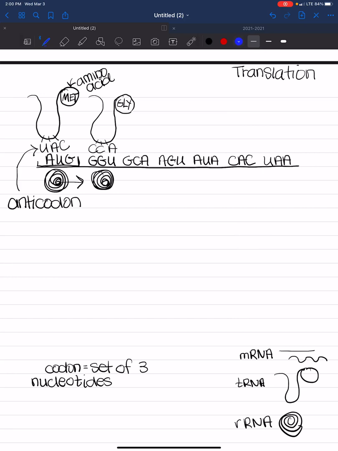So now we have 2 amino acids together, and something special is going to happen. Sorry, you guys can't erase, but I can. A bond is going to form between the 2 amino acids, and this bond is called a peptide bond. So the bond between amino acids is a peptide bond.